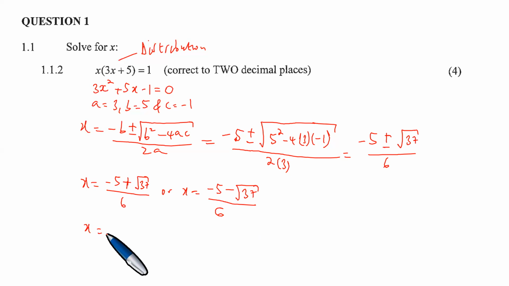Right, so to 2 decimal places, this is approximately 0.18. So x equals minus 1.85, using the decimal point, but you could also use the decimal comma.